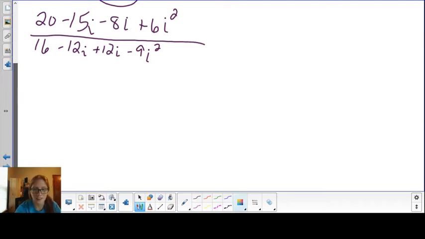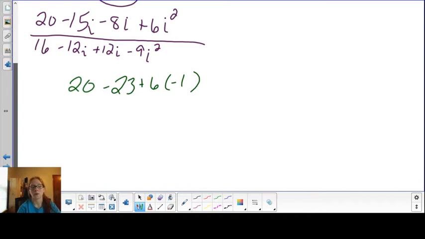This is where putting the same stuff together comes into play. So I have 20, the first real number up top. I have negative 15 minus 8, which gives me negative 23i, plus 6i squared. What did I say i squared was equal to? Only i squared is allowed to be broken into a negative 1.